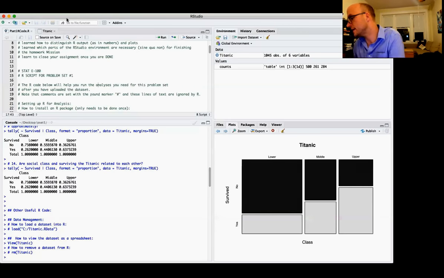But what is it? It basically represents row proportions. So what does it do? It takes the proportions within one category and represents those as proportional segments of a line.